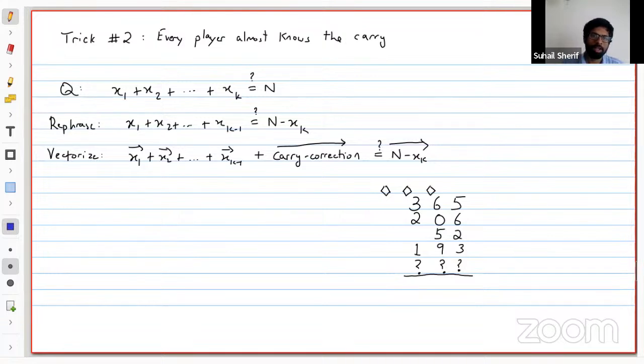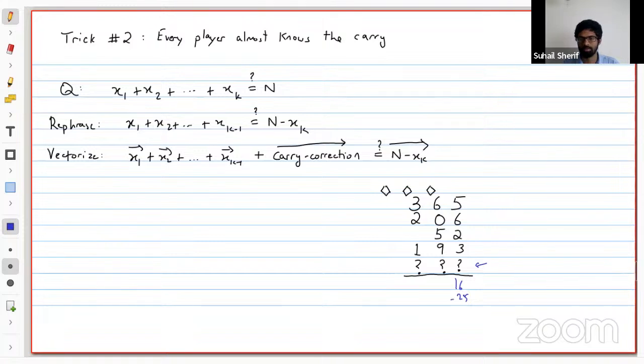We're going to use the fact that every player can see all inputs but their own. So suppose you're this last player here who can't see this input, but you can see the other inputs. We can do most of the addition ourselves. 5 plus 6 is 11, plus 5 is 16. So we know that whatever carry is over here, it's either a 1 or a 2, because the answer over here can range from 16 to 25.